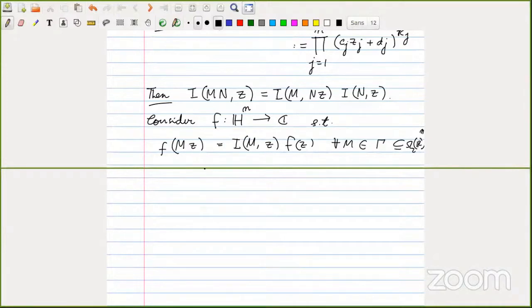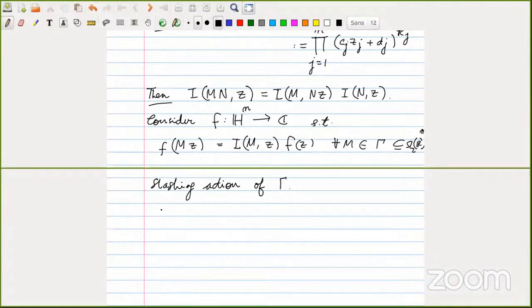Let me also describe the slashing action, so that you can compare this with the case of elliptic modular forms. So you have here the slashing action of Gamma.